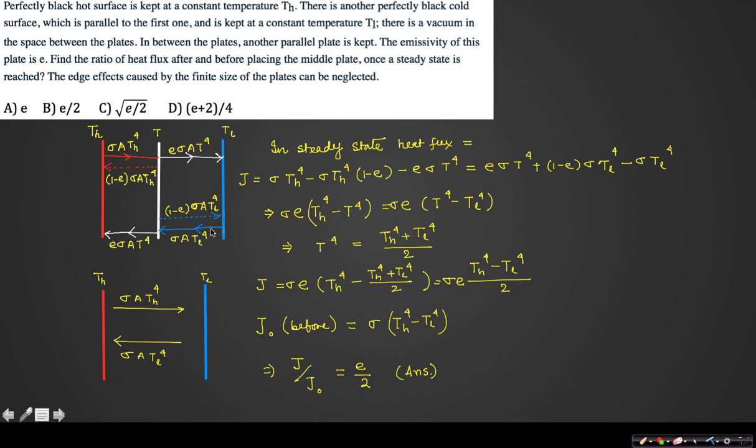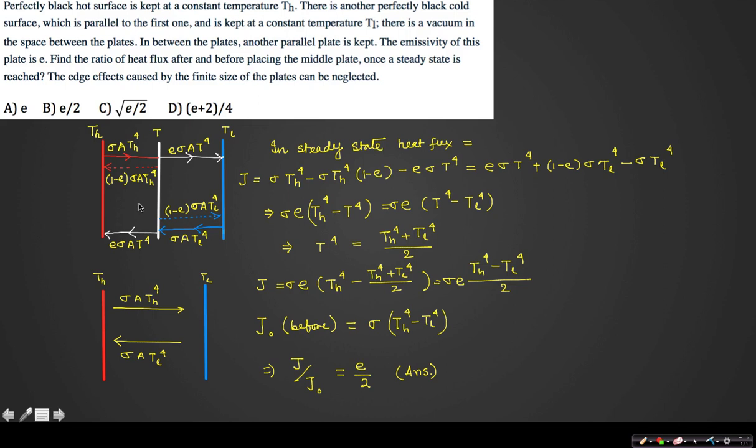This TL will also give up radiation sigma TL power 4 that will fall on the middle plate, and E parts of this will get absorbed and 1 minus E parts will get reflected back, right? And as it has its own temperature T that I have assumed, it will also radiate heat at a rate of E sigma A T power 4 in both directions.